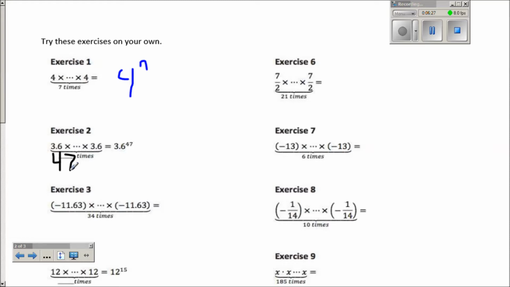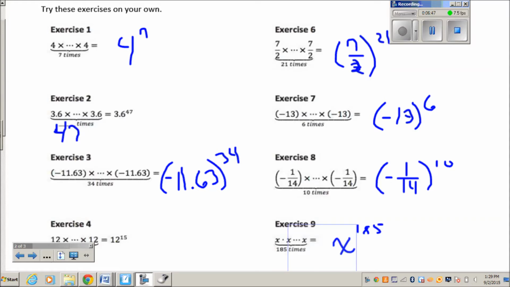So please complete the rest of these exercises. Press pause now, and you can complete exercises 1 through 15 on the rest of pages 2 and 3.